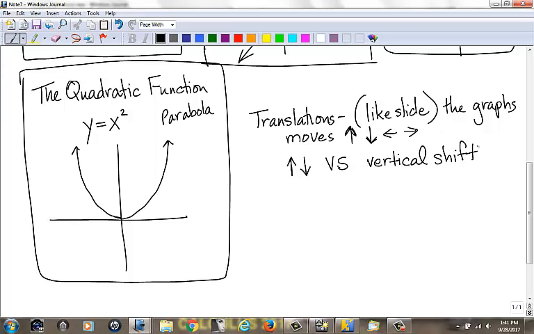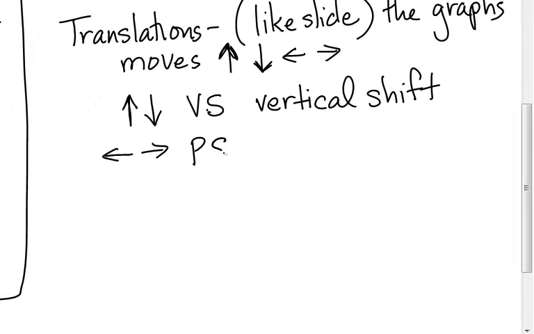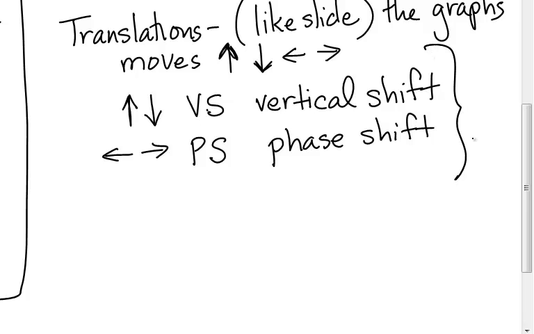If you slide the graph left or right, that is called a phase shift. So translations are vertical shifts and phase shifts, sliding it left and right. And I'll go through examples.